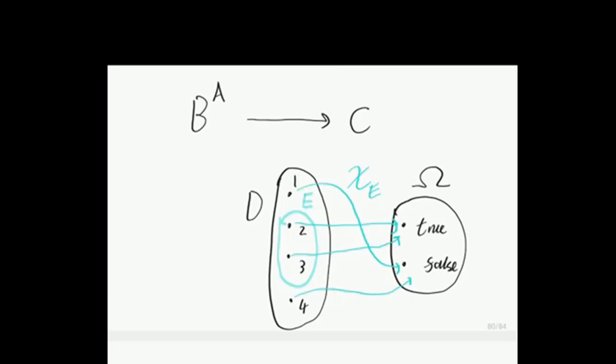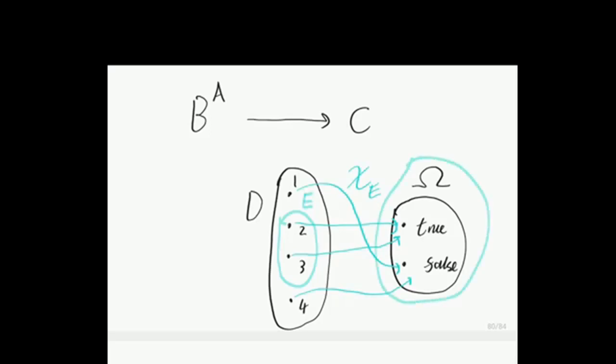Another thing I want to say is about parts. Now, one of the things about these smooth spaces is that we have a special kind of smooth space called omega. So if we just think about set theory for a moment, the version of this in set theory, which actually works a little bit differently, is the so-called set of booleans, that is, the set which just has two elements, true and false.